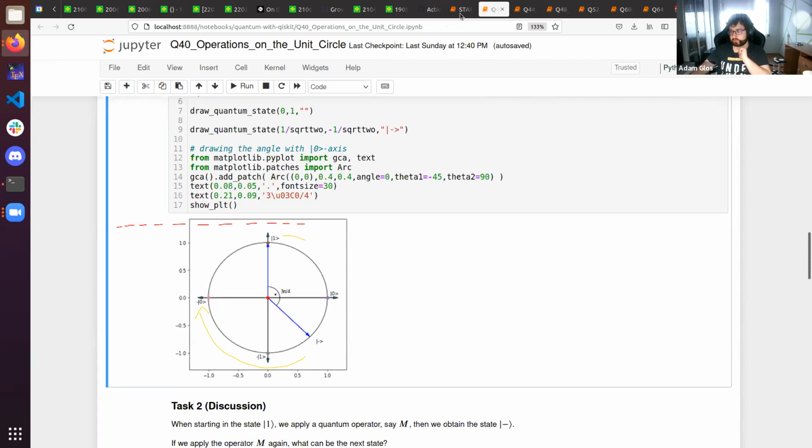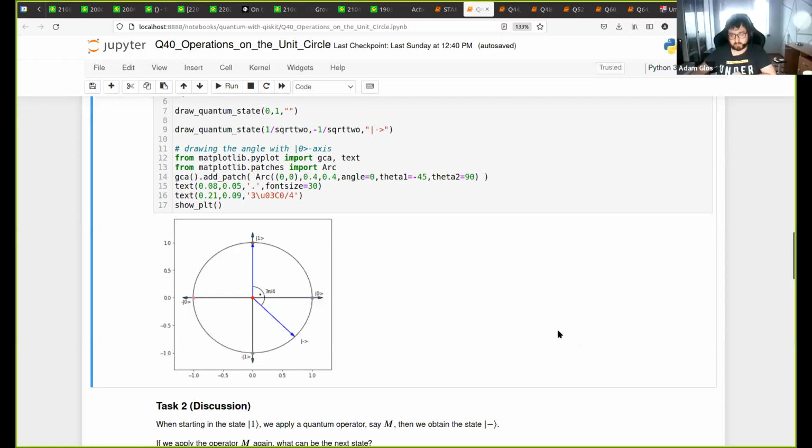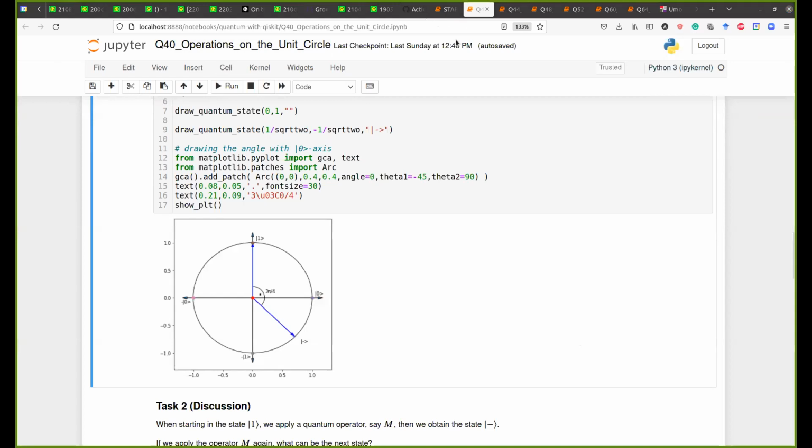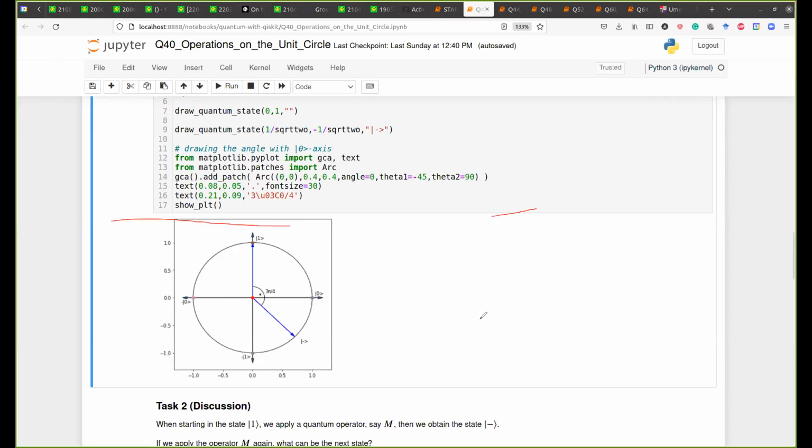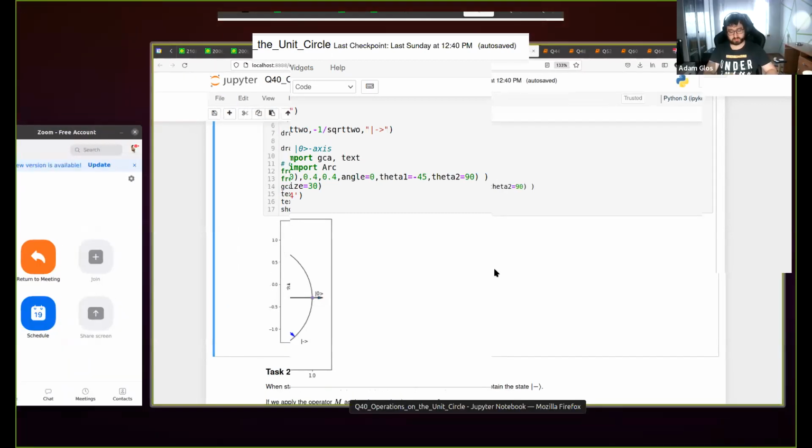Let me try to follow the suggestion from Rohit and share only my Firefox. Hopefully this will help. What about now? Yeah, still there's a problem.